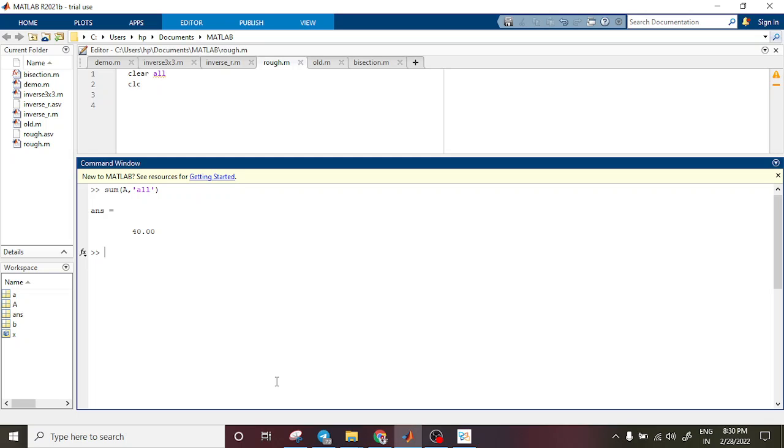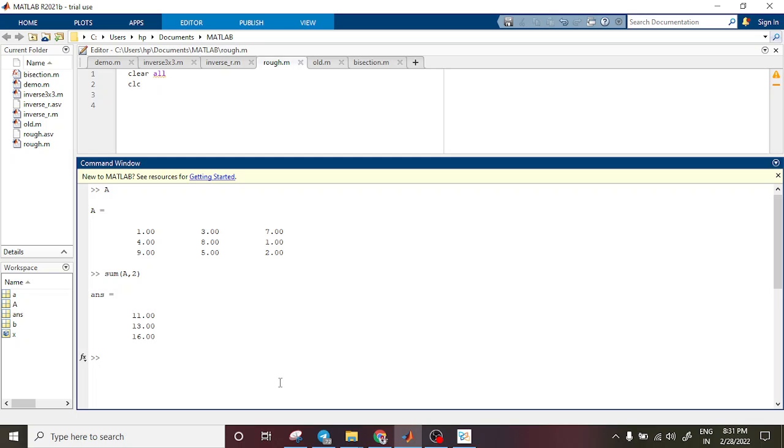So you can apply either of these two methods. But if you want the sum according to rows, first I will write CLC and A. Now this is the matrix. If you write sum of A, 2, you can see it adds the first row, second row, third row.